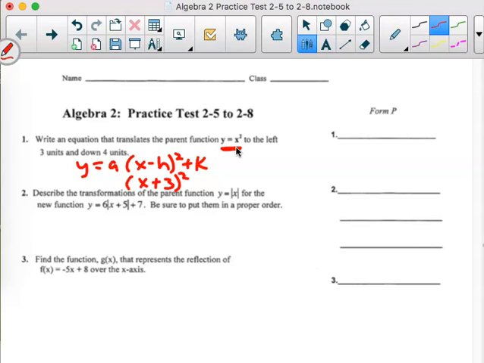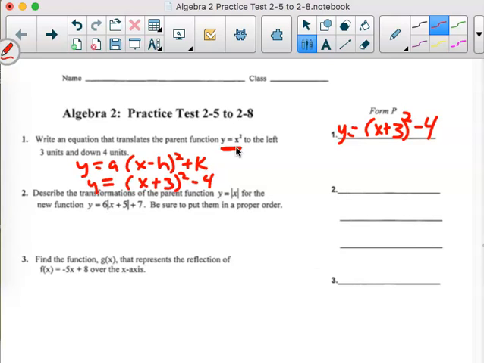How do I make sure it goes 4 units down? Minus 4 in the back. And I don't have to do anything with A because it didn't say it was a vertical stretch, vertical compression, anything like that. So it will be y equals the quantity x plus 3 squared minus 4.